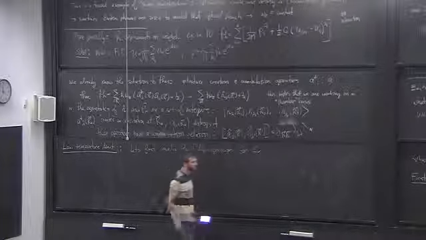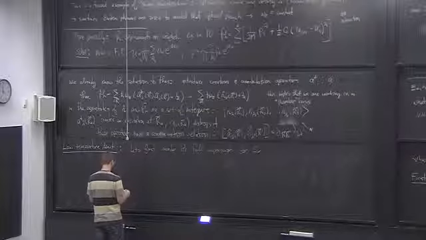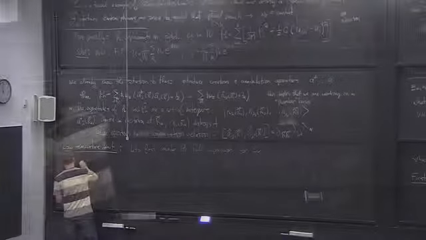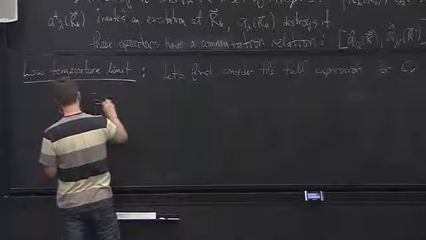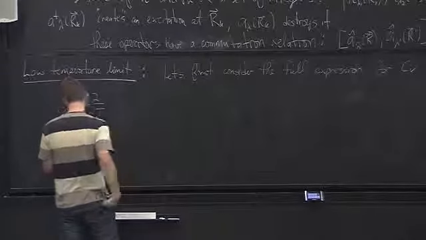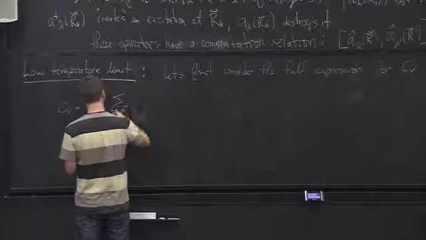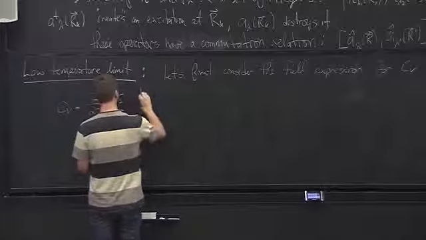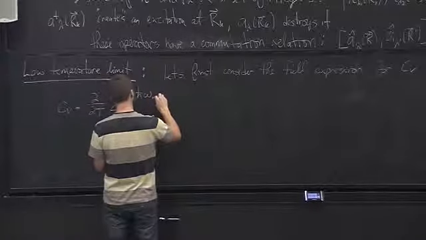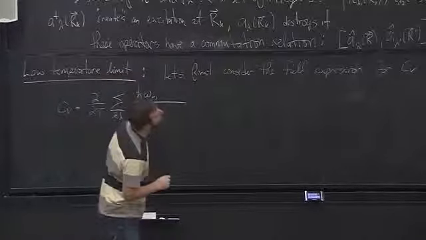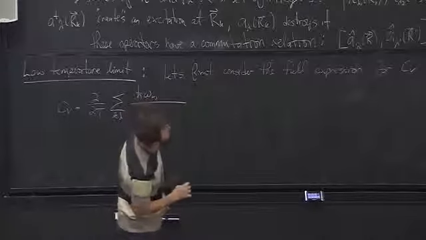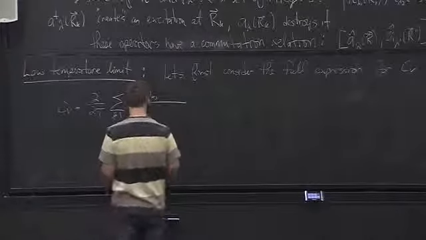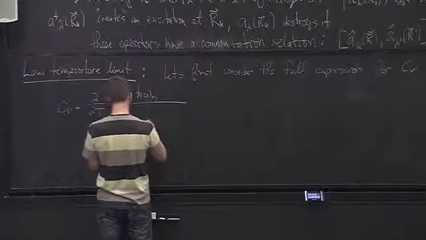I'm going to leave in all the wave vector dependence and everything. And the specific heat is just the derivative of that energy expression. I know I just started putting k as a subscript.